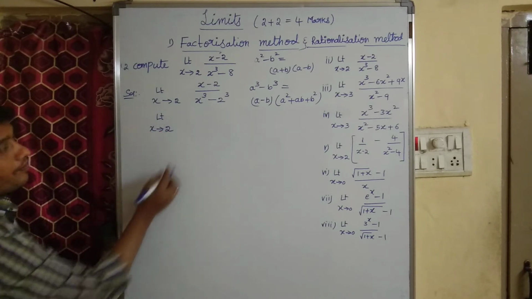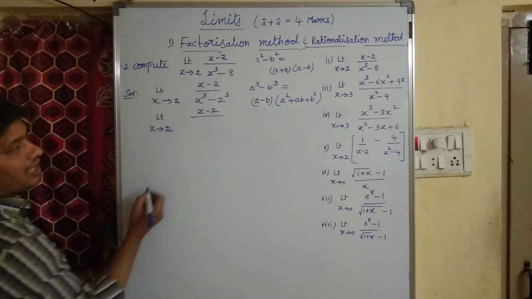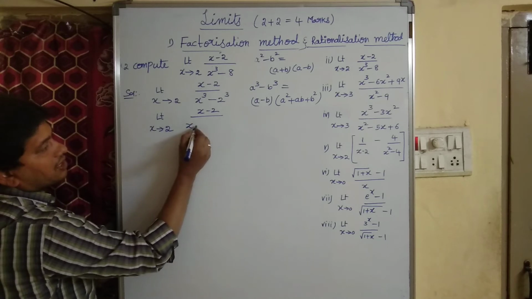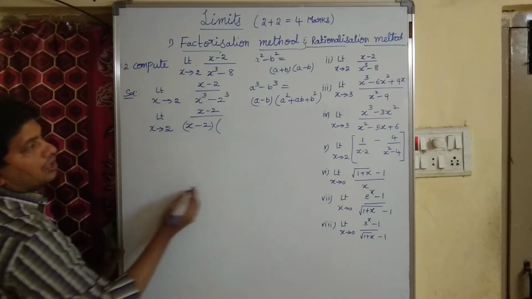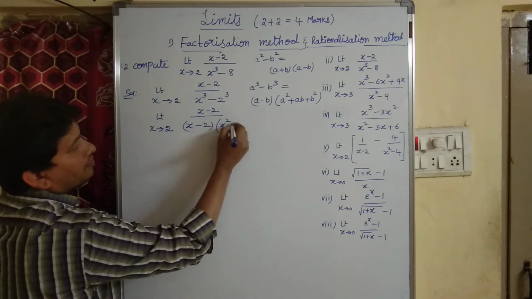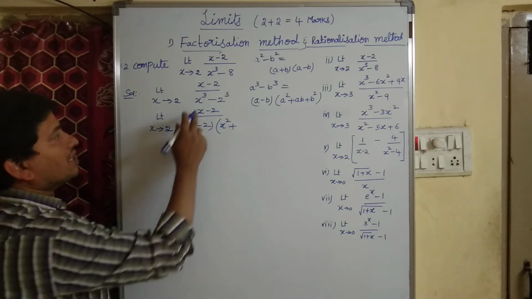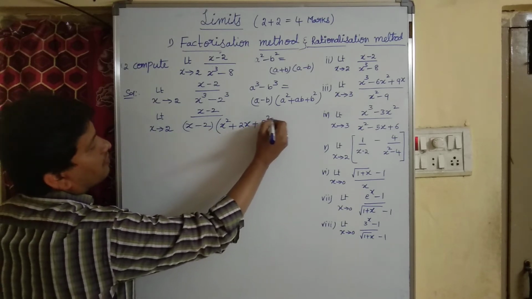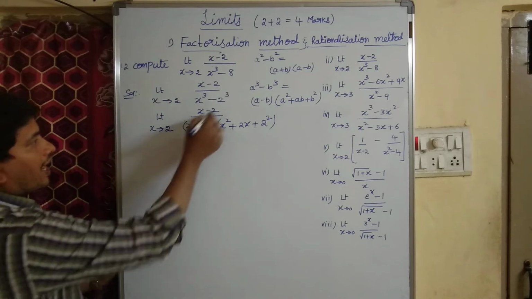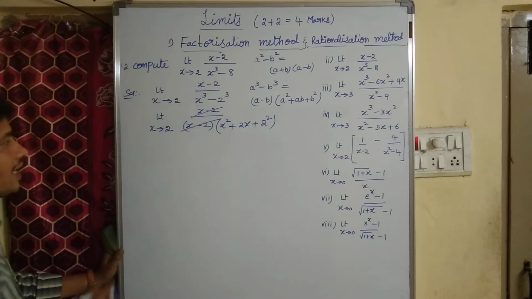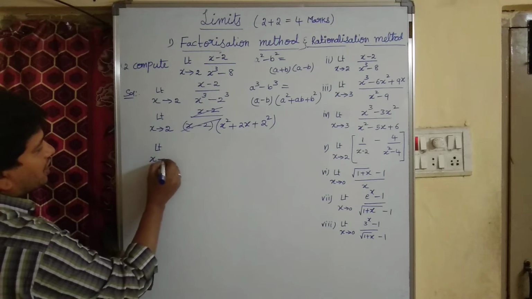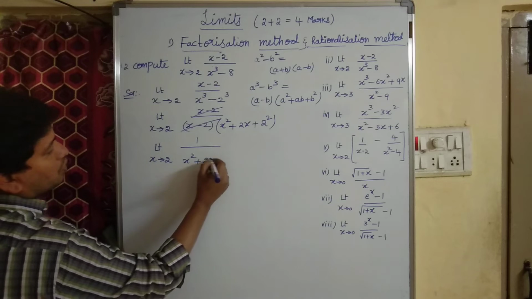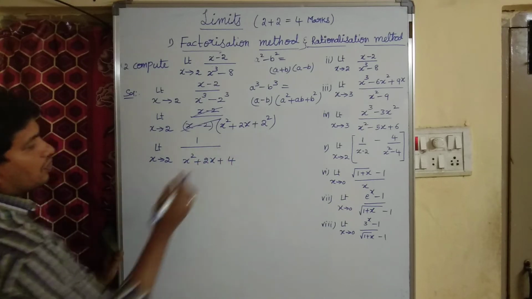Limit x tends to 2, x minus 2 divided by (x minus 2), which is in the form of a minus b, a means x, b means 2, into (x square plus ab, that is 2x, plus b square, that is 2 square). As x minus 2 gets cancelled, limit x tends to 2, 1 by (x square plus 2x plus 2 square, that is 4).